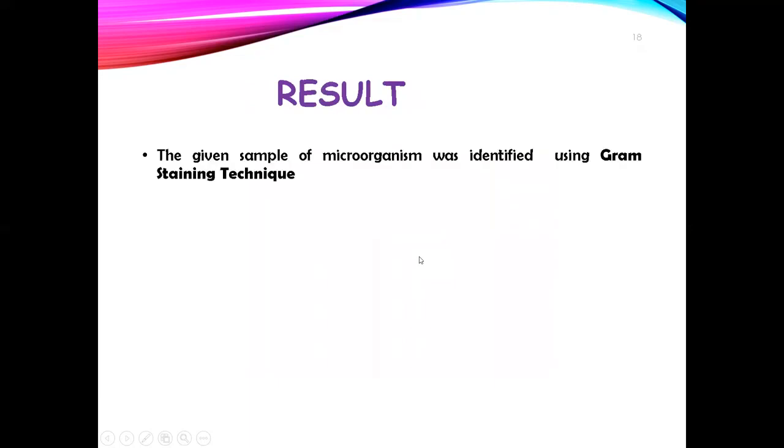So the result will be: the given sample of microorganism was identified using gram staining technique, and the given sample contains gram negative bacteria since we have used the E. coli sample.